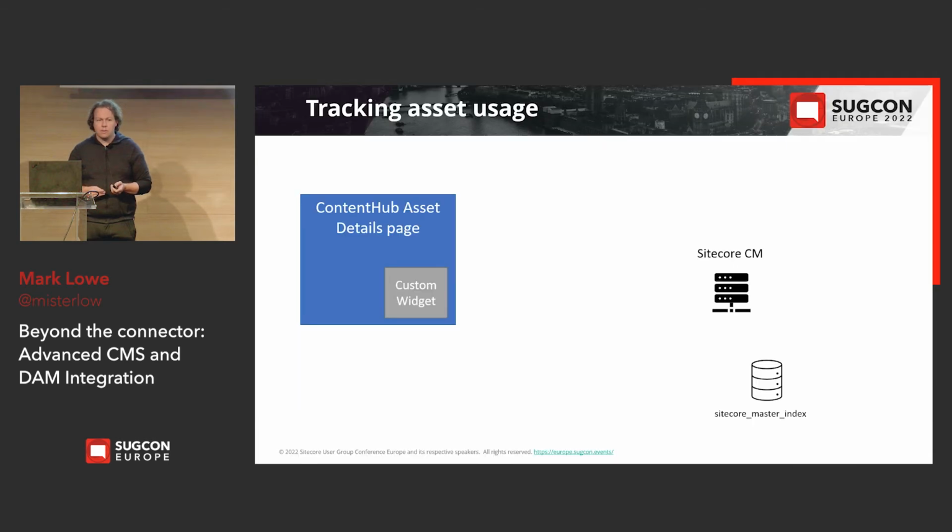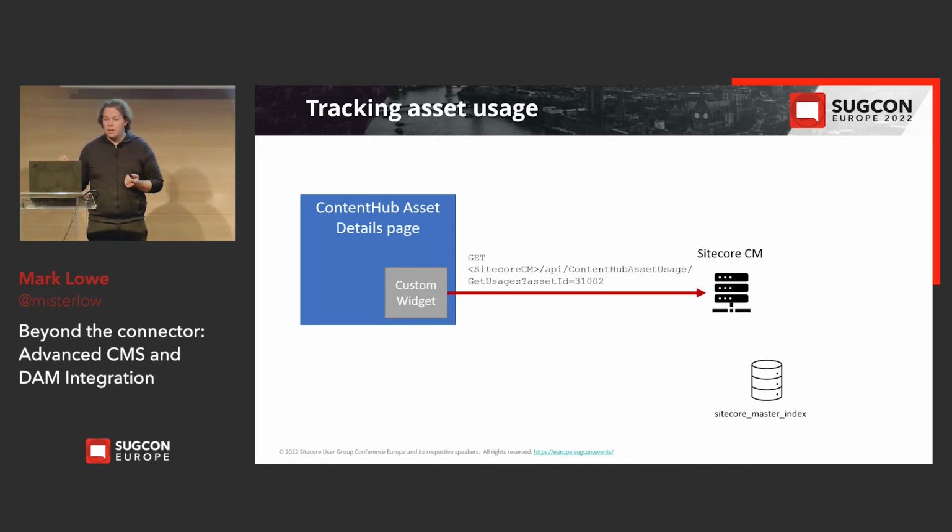Let me just explain how this works. So we have ContentHub here, a custom widget on ContentHub on the details page. We have the Sitecore CM instance plus the master index that we have extended. And we just set up a simple controller on the Sitecore CM instance that returns information based upon an asset ID.